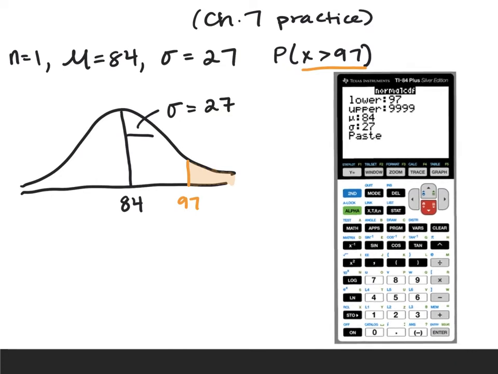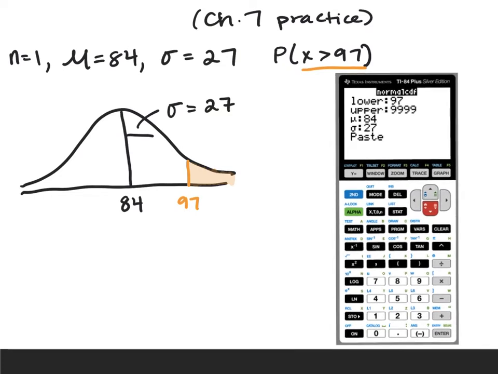And again, this is just what we did in chapter 8 when we did our normal distribution, trying to find the area under the curve. Area is probability. And so I've set my lower to be 97, my upper to be 9999. Of course, you can also use the small caps E99. Either one's fine. You just need a really big number. My mean is 84 and my standard deviation is 27.